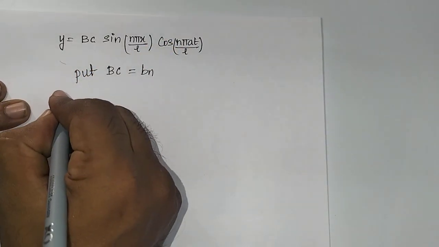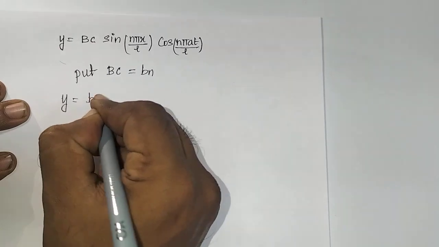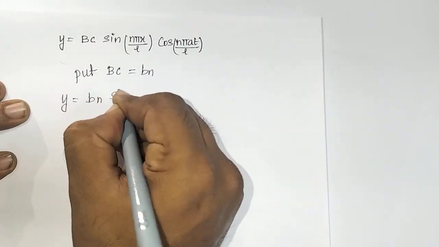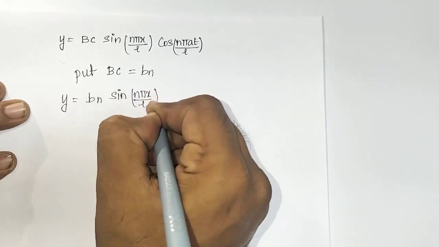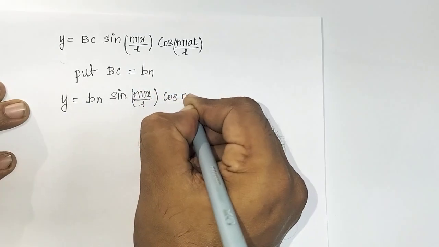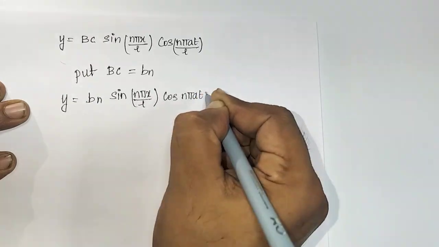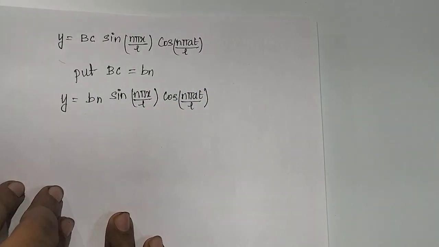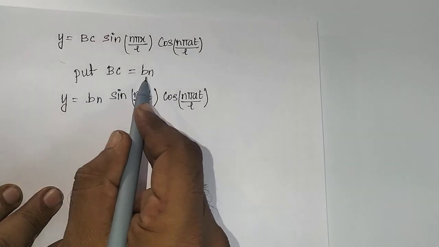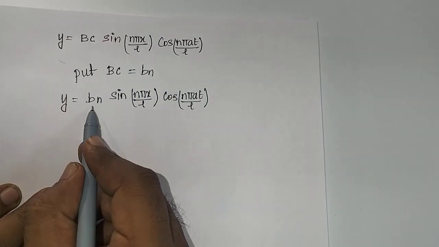So I will write y equal to bn sin n pi x by L and cos n pi at by L.